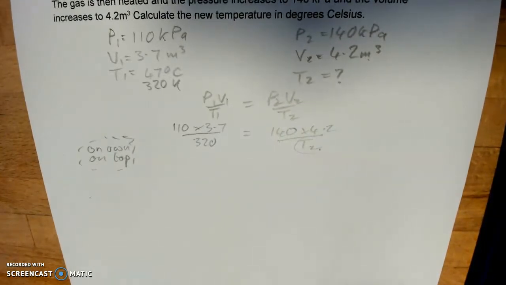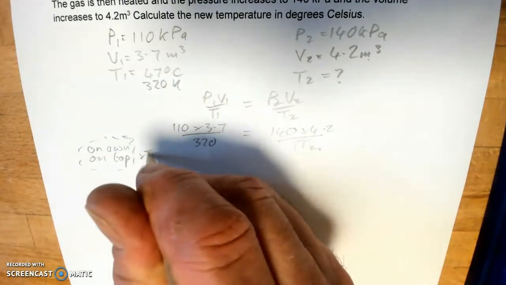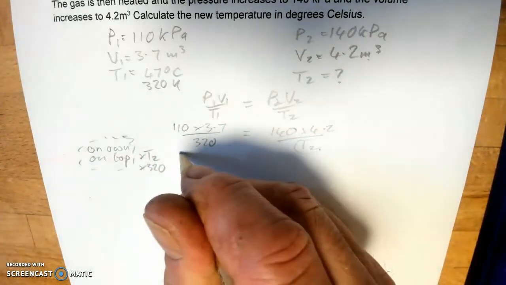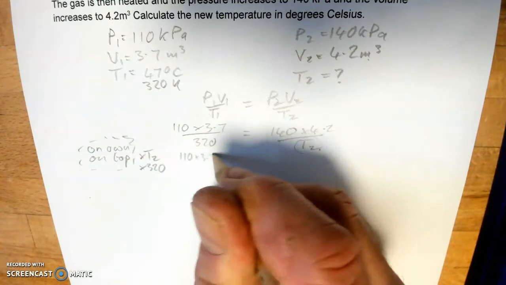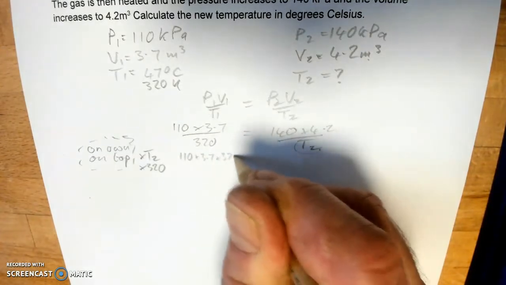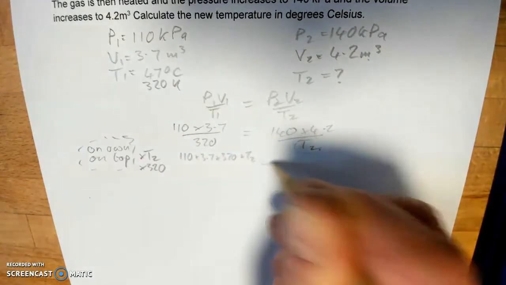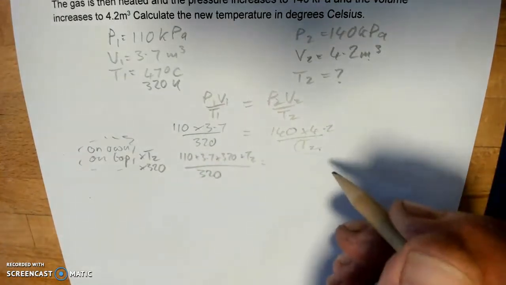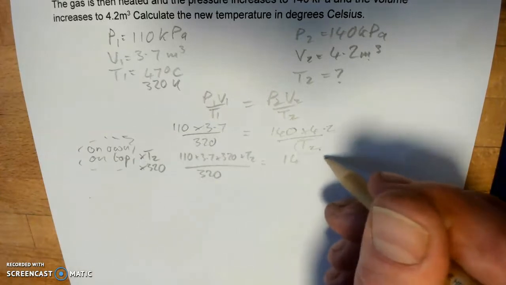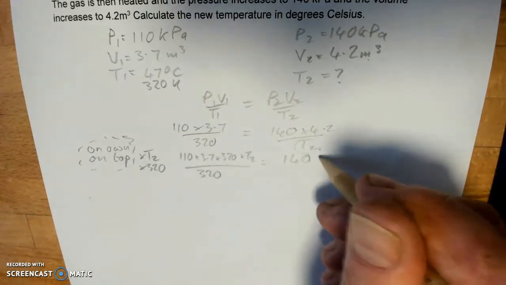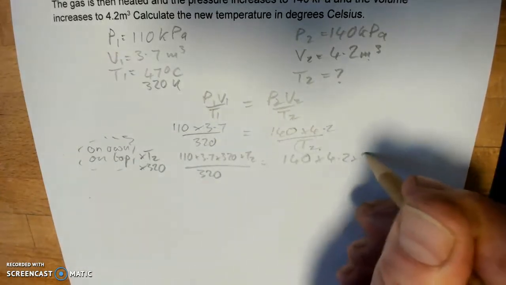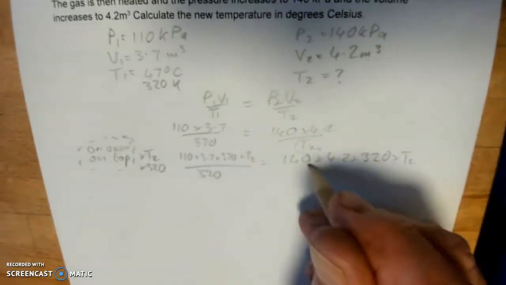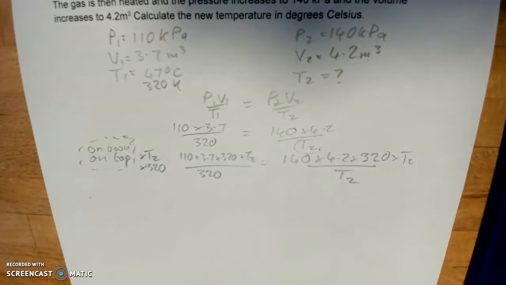Okay, that's the key thing with trying to calculate the unknown in an equation. So what we're going to do is multiply both sides by T2 and also multiply both sides by 320. So we've got 110 times 3.7 times 320 times T2 there, divided by 320, equals, multiplying the other side also by T2 and 320, 140 times 4.2 times 320 times T2 divided by T2.